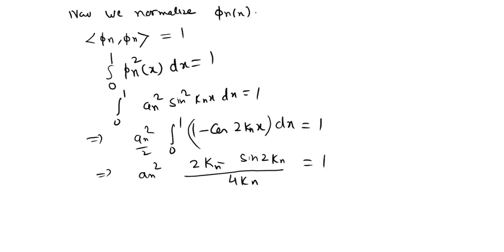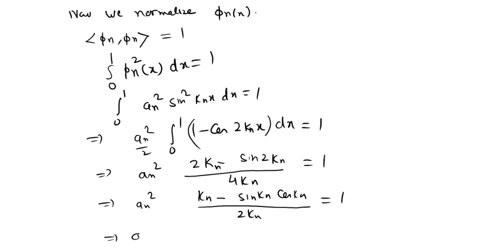So this implies a n square, writing sine 2kn as 2 sine kn cos kn, and 2 cancelling, this will be 2kn equal to 1.